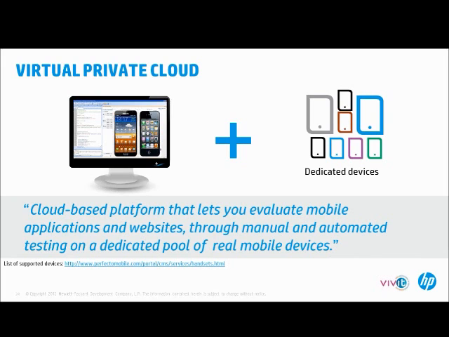It also allows us to test some applications manually. There is also a public cloud of devices which are shared across multiple users, which is an additional feature that we provide along with the virtual private cloud. But for the virtual private cloud solution, as I said, the customers get a pool of dedicated devices, 24/7. Those devices are for the needs of the enterprise that is buying this solution.